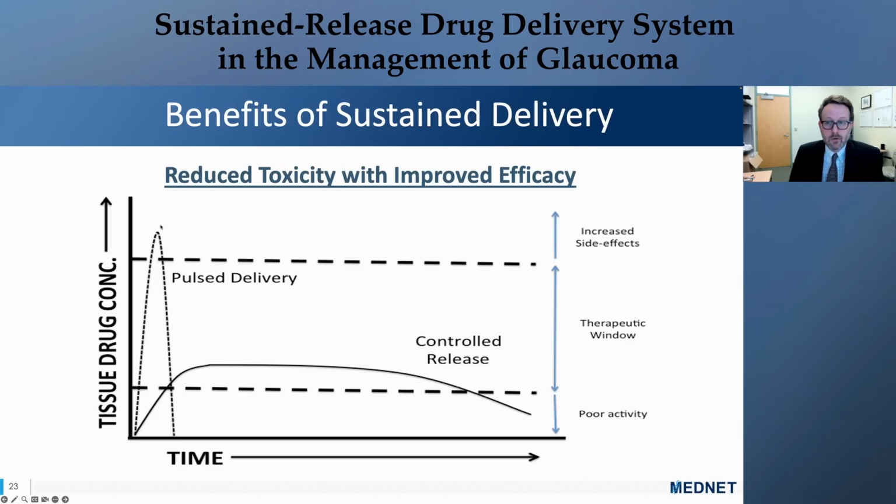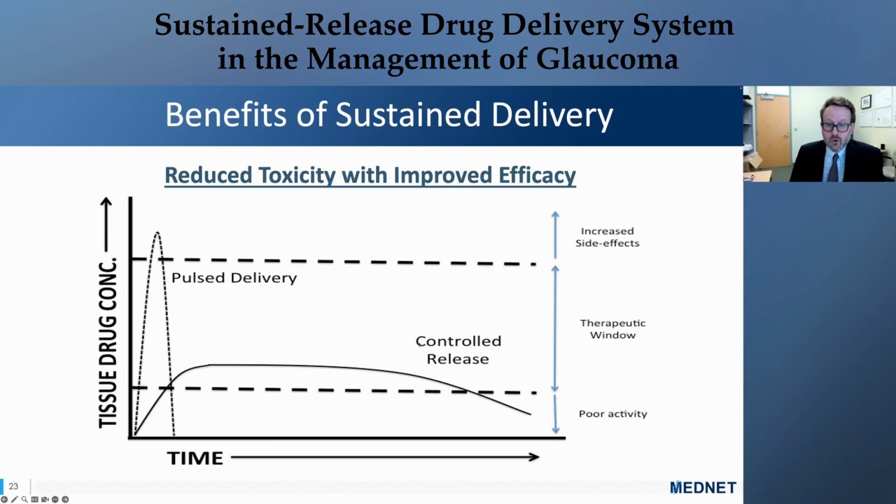Pulse delivery through delivery of supratherapeutic dosages is more commonly associated with toxicity, and it requires multiple deliveries in order to maintain a patient within the therapeutic window.